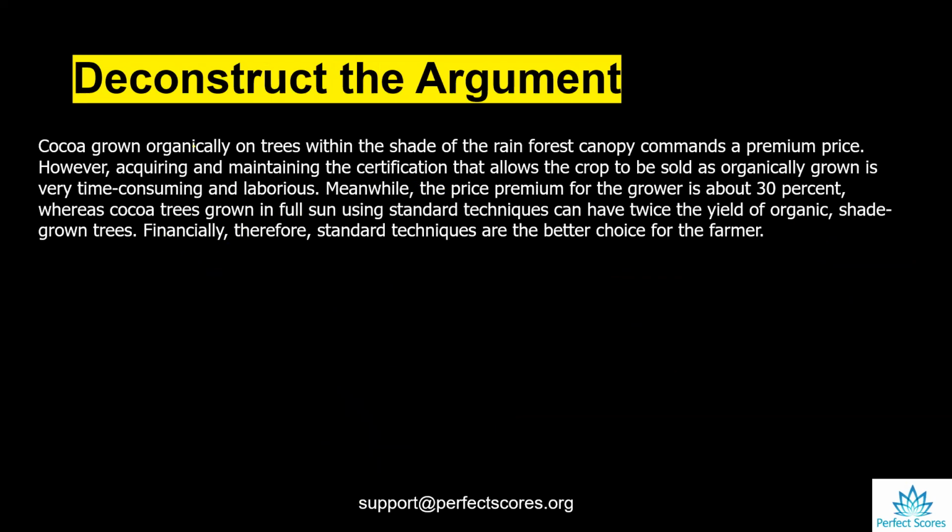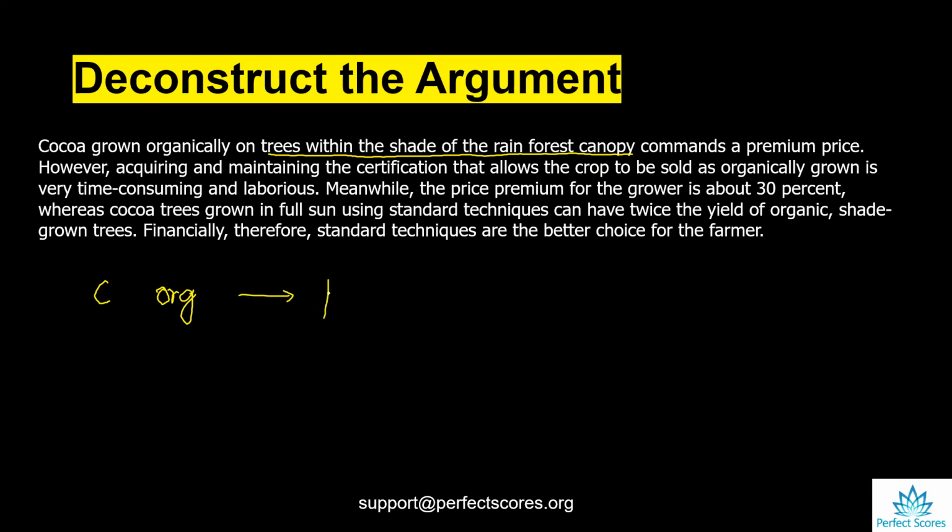So it says cocoa grown organically on trees within the shade of the rainforest canopy commands a premium price. So basically we're talking about cocoa that is grown organically within the shade of the rainforest canopy. So this automatically means organically, so you don't need to mention that again.